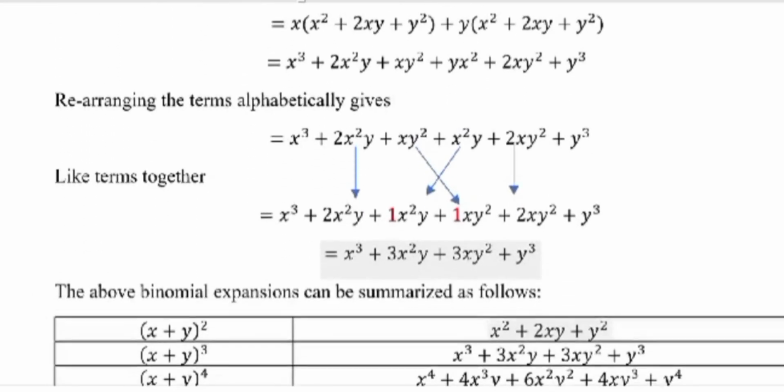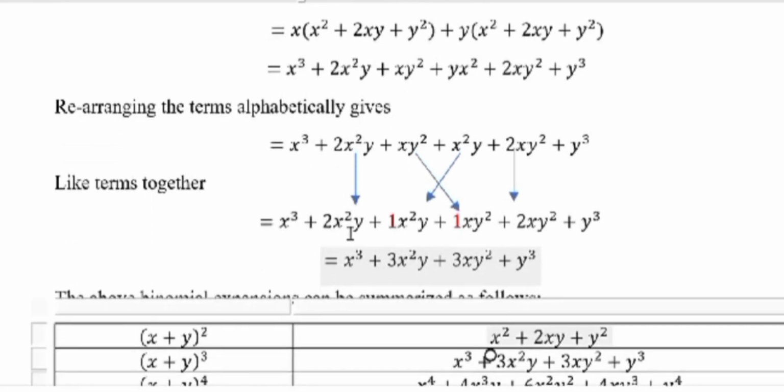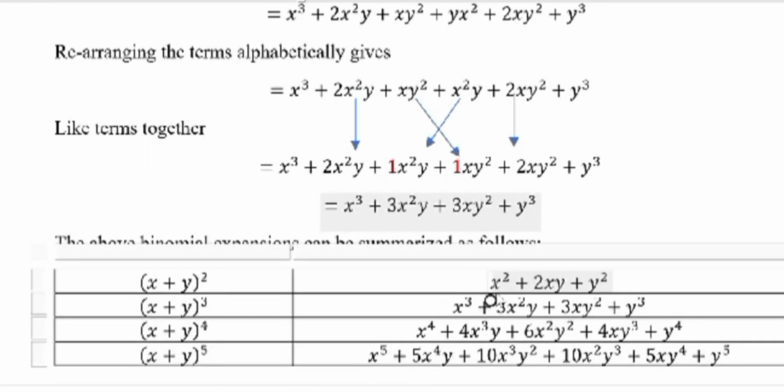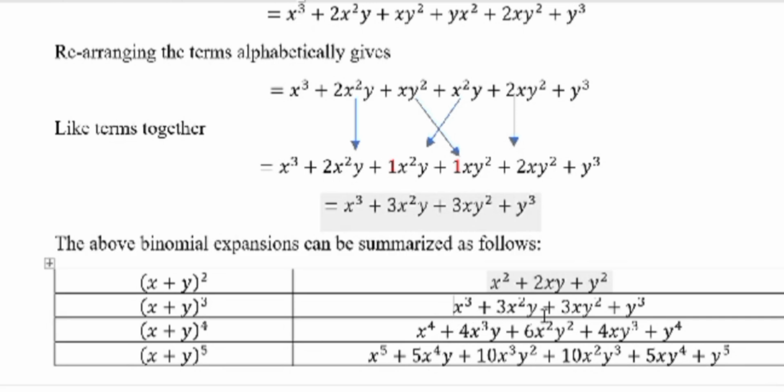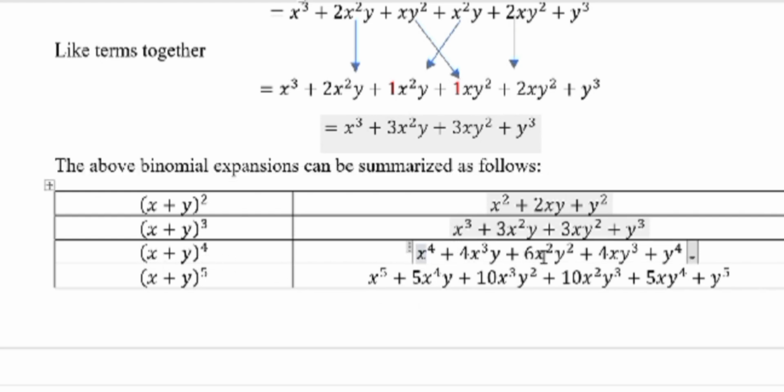Then we have just expanded (x plus y) cubed, and we have got this as the answer, which I've put down here. Now, if you expand (x plus y) raised to power 4, you will get this one. This will be the answer. And (x plus y) raised to power 5, this will be the answer.